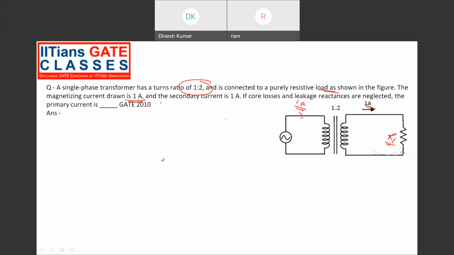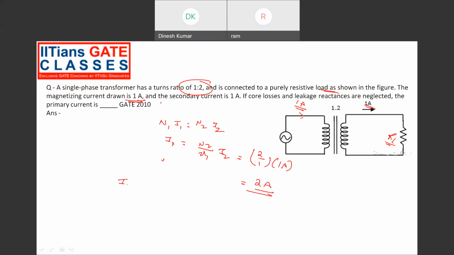We know that in a transformer, primary MVA equals secondary MVA. N1 I1 equals N2 I2. So I can write I1 equal to N2 by N1 into I2. So that is 2 by 1 into 1 amp. So that is 2 amps. That is I1.